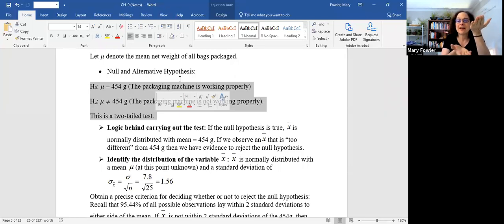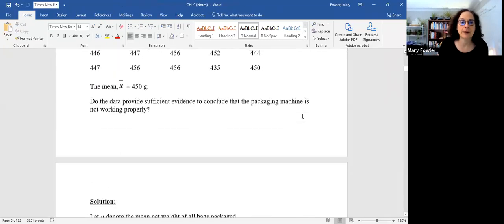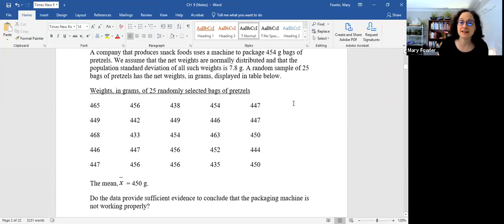You want to ask, how close can we get before we think that the machine is working correctly? Does it have to be 425, 430, 440, 450? That's the data that came out in our experiment here. In our data set, if I scroll back up, this sample of size 25 has a sample mean of 450.